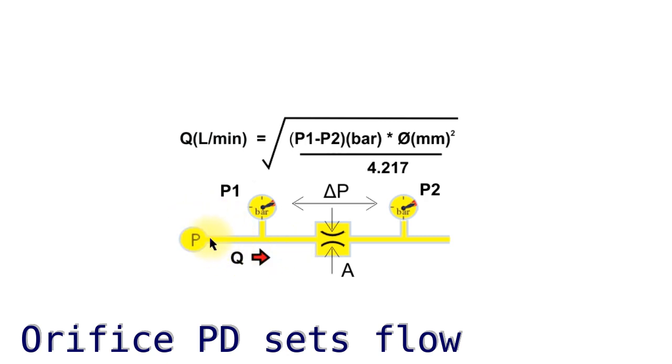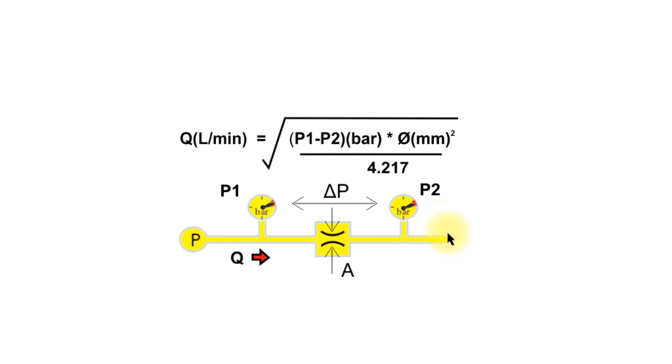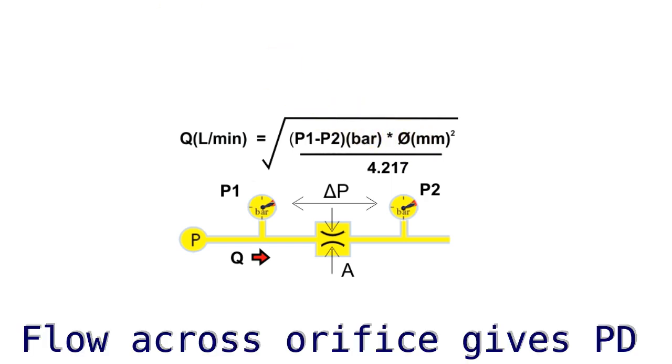If we've got a set supply pressure and our load is staying constant, then we're going to get a constant pressure drop across that, which will give us a constant flow, and that's what controls our speed of actuators. If the actuator's load changes, then the speeds do change correspondingly. There is a version that is pressure compensated, so it always gives the same flow across it, but we'll get to those later, a different calculation. But a nice formula based on empirical data, works very well.